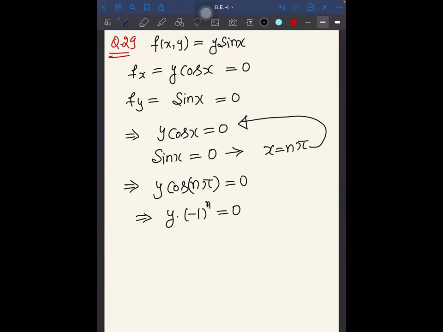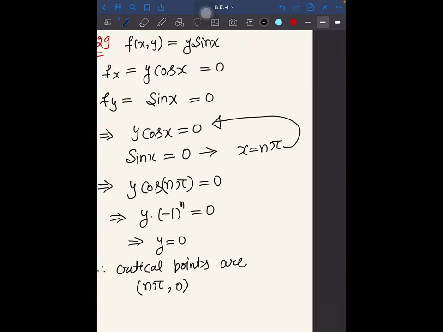So the critical points are n pi comma 0. Okay, you with me? Yes, sir.